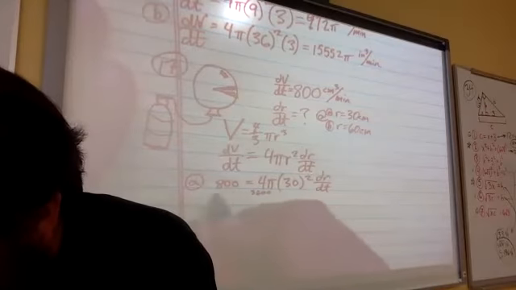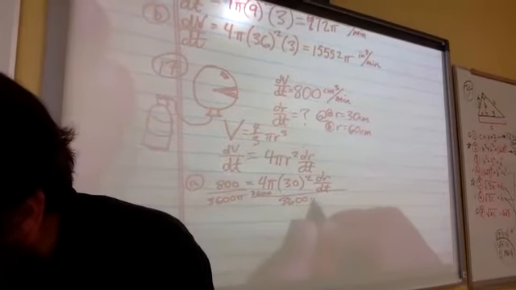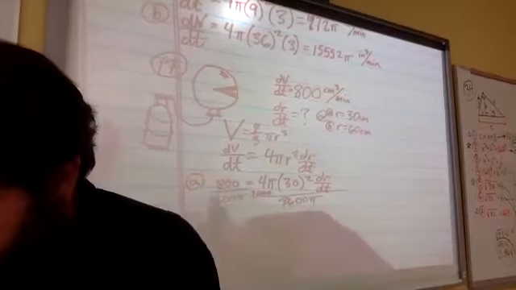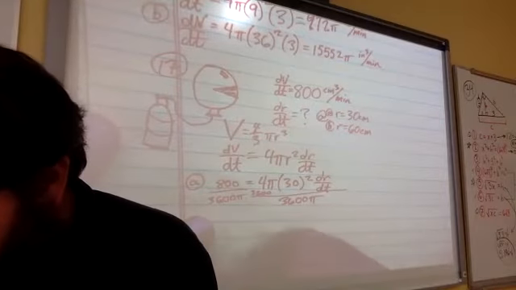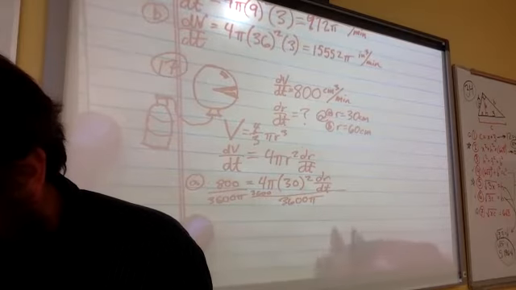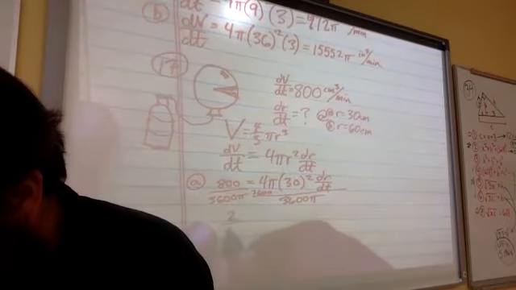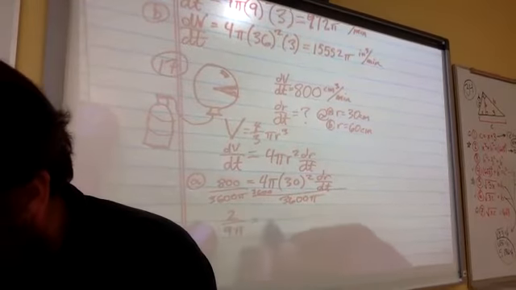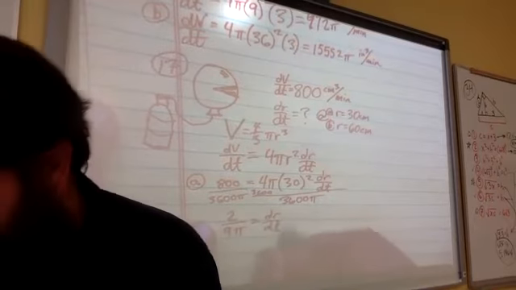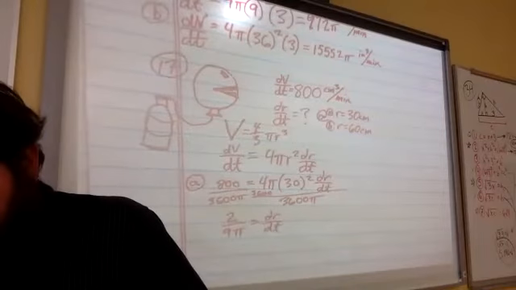So I'm going to divide both sides by 3,600 pi. And I get 2 ninths, 2 over 9 pi. Did I do that right?